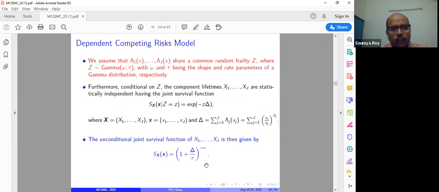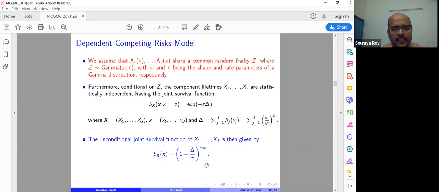Now, in this paper, we have assumed these cumulative hazards share a common random probability G, and we assume that this random probability follows a gamma distribution with parameters omega and tau, where omega is the shape parameter and tau is the rate parameter. Furthermore, conditional on this G, the component lifetimes X1 to XJ are statistically independent with the joint survival function given by this S(x).